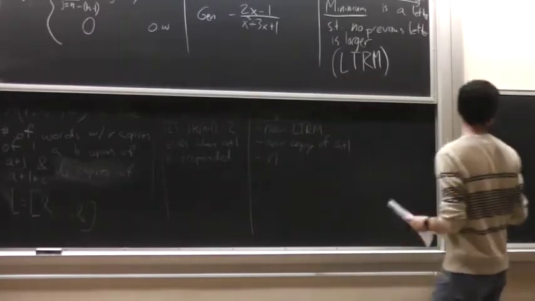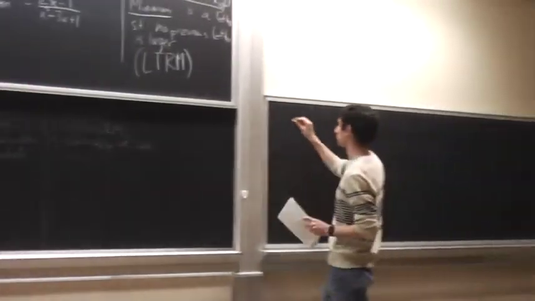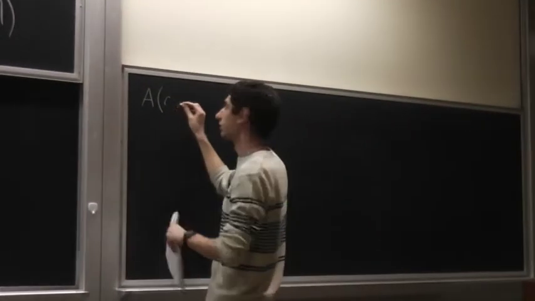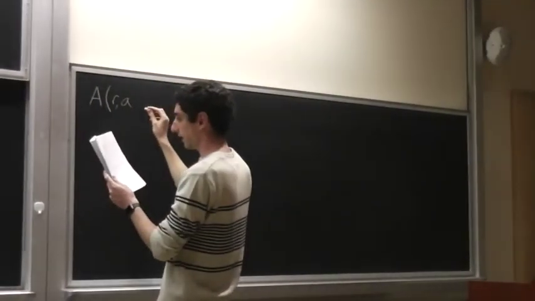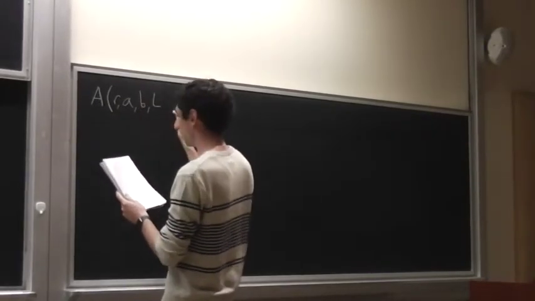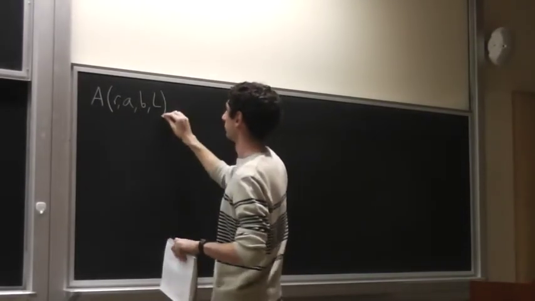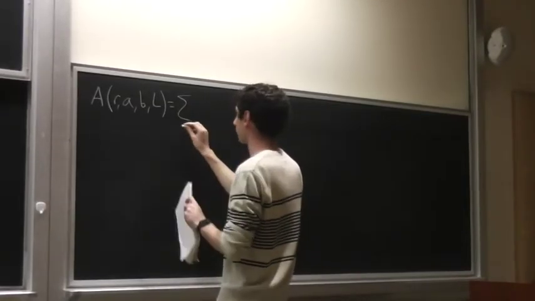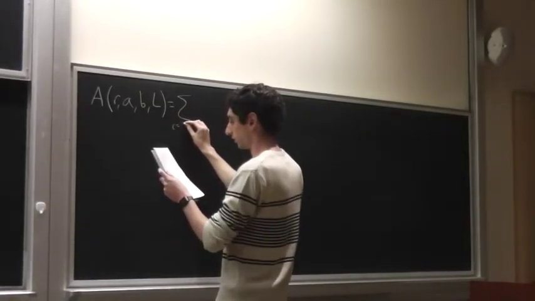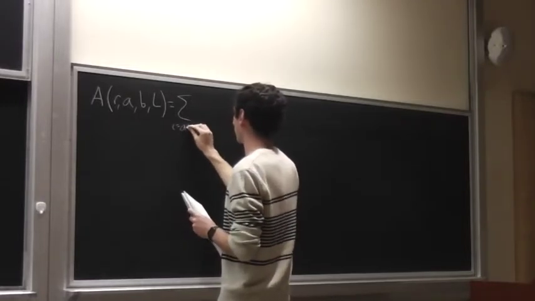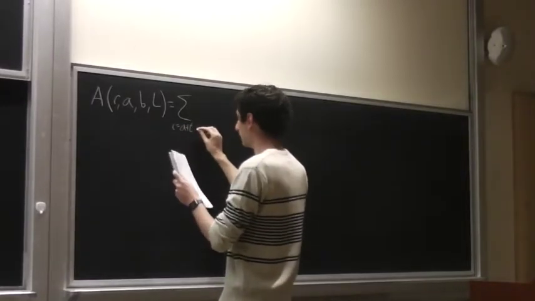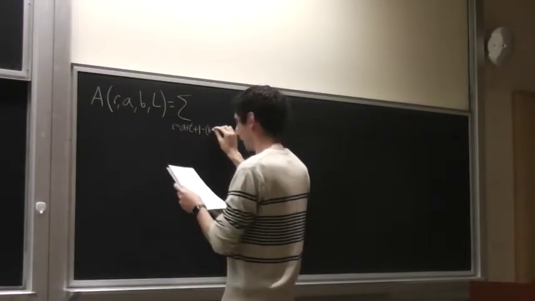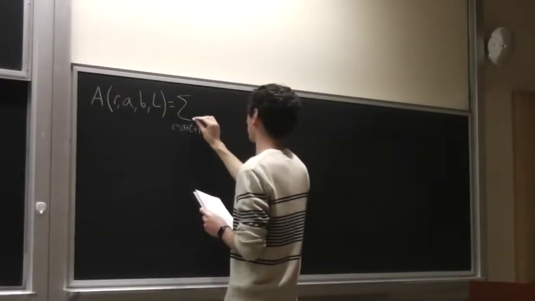And maybe I'll move over here for that. So I'm going to get that A_R of a, b, L is equal to the sum from i equals a plus t plus 1 minus k minus 2.